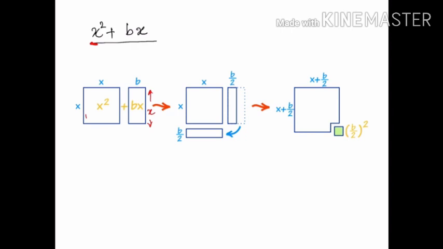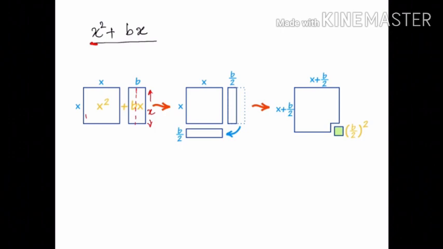In terms of geometry, x square is the area of a square and bx is the area of a rectangle. Now if we divide bx into two equal halves along the length, then we get two parts or two rectangles.